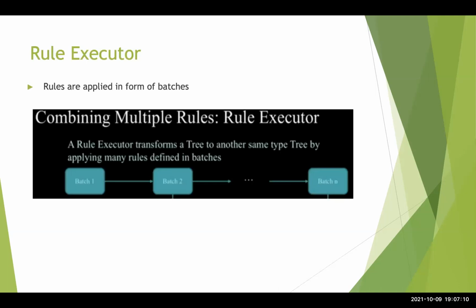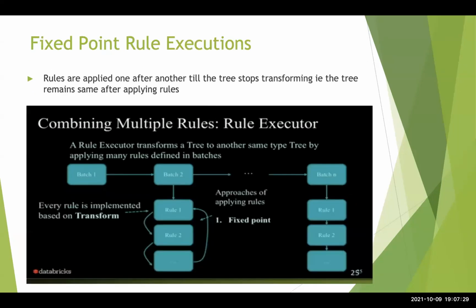Now we'll discuss transforming. This is just a simulation of transforming into the same type of tree, right? And we discussed the rules are applied in the form of batches. So a batch transforms a tree to another tree of the same type by applying many rules defined in the batch.